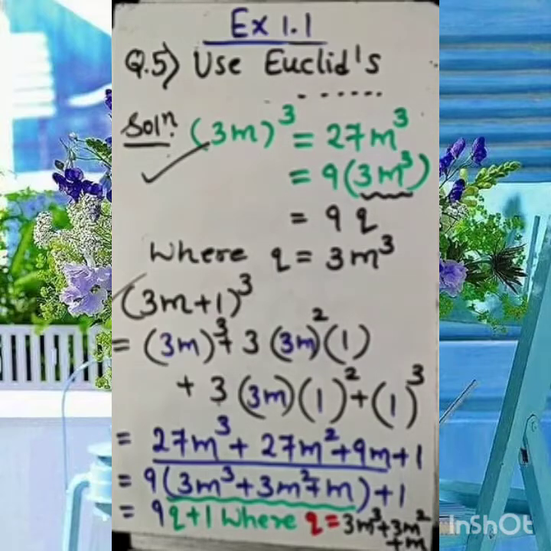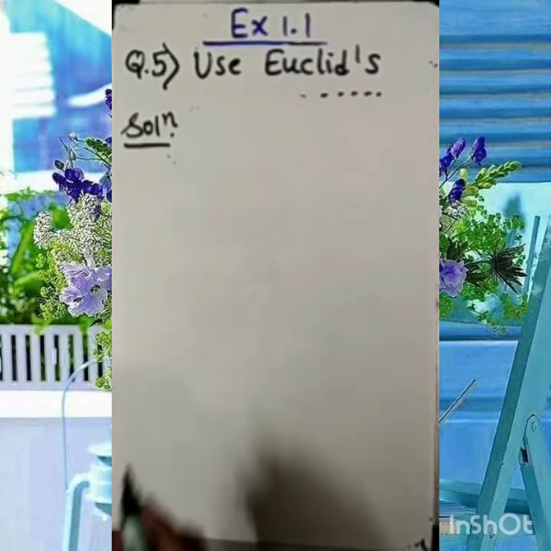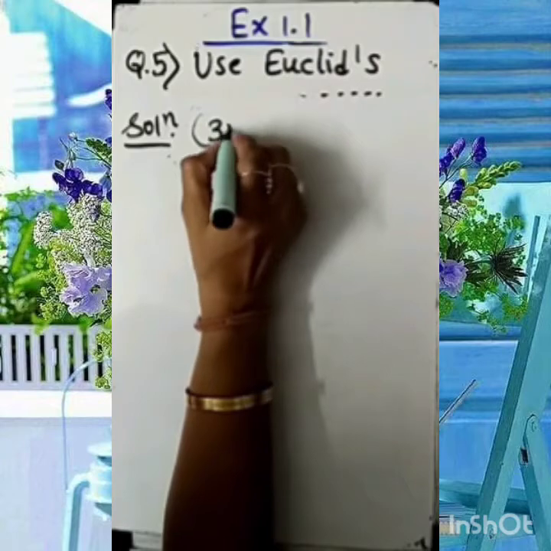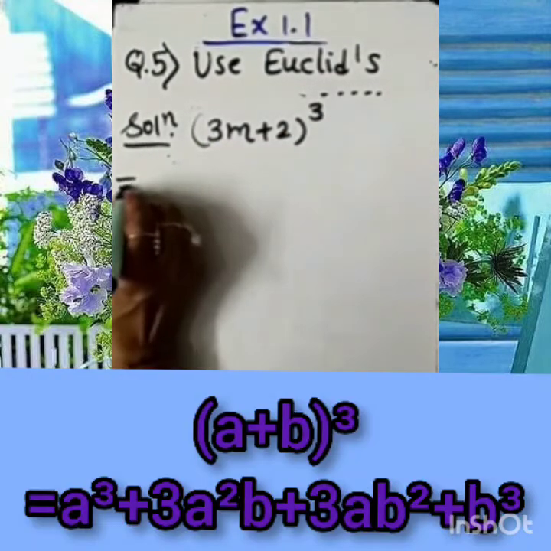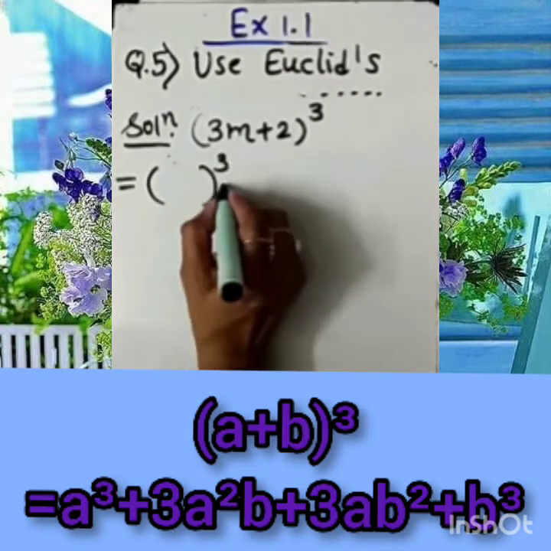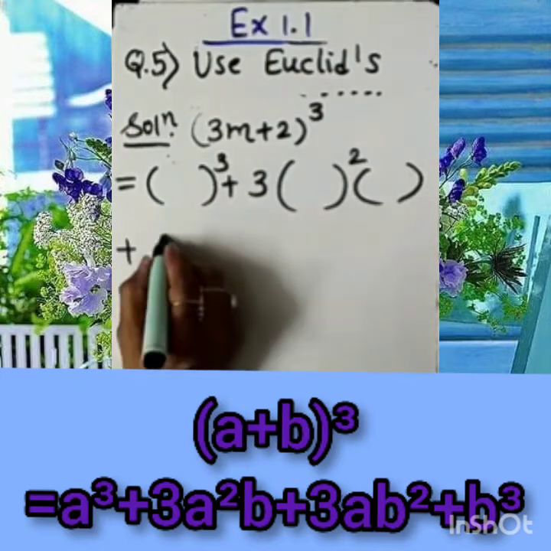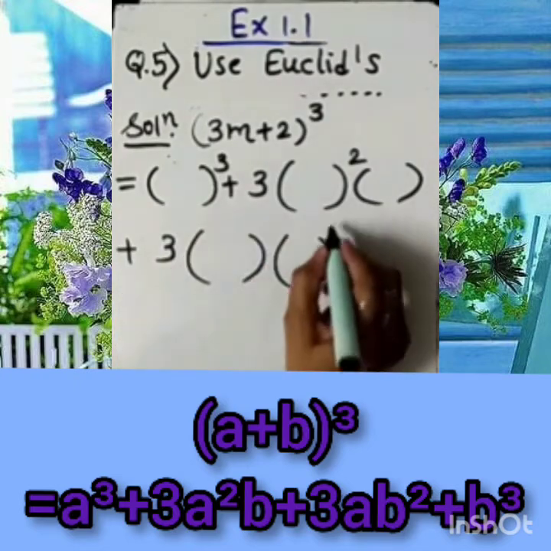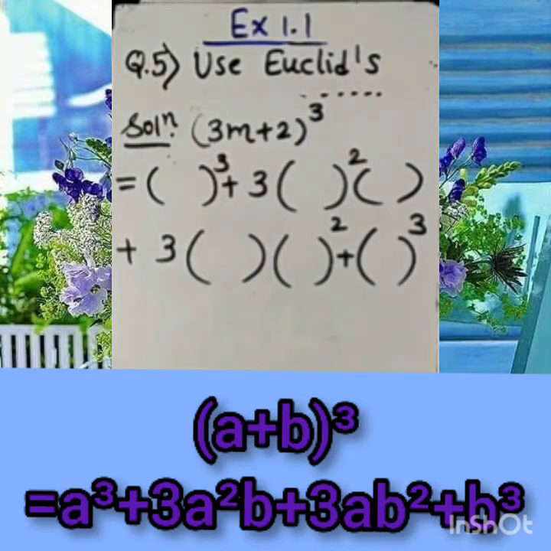Now we have to work out 3m plus 2 whole cube. Let's see how to solve that. So dear student, let's work out the last one, that is 3m plus 2 whole cube. Here a cube plus 3a square b plus 3ab square plus b cube. This is the identity.